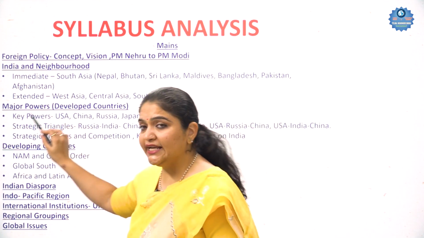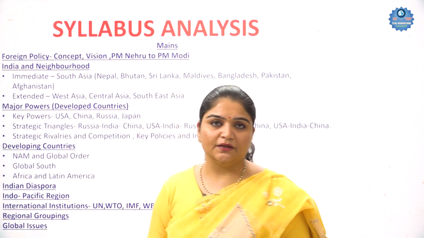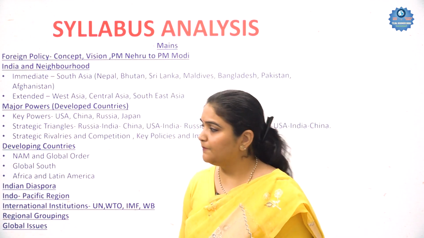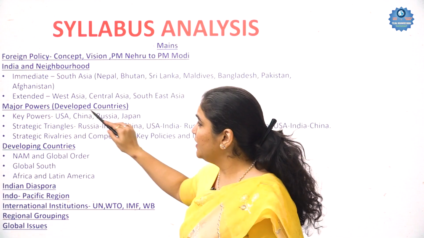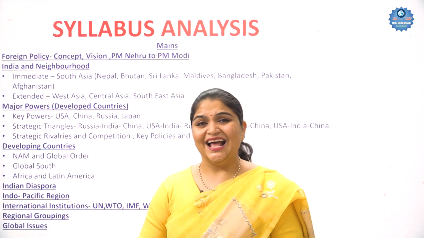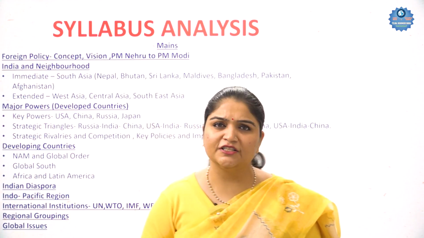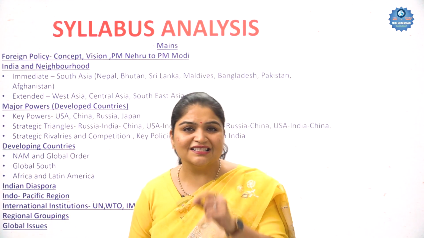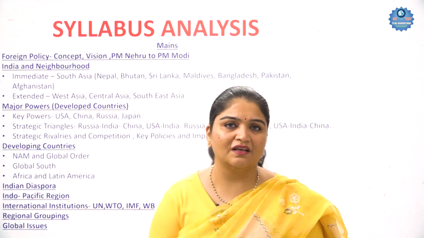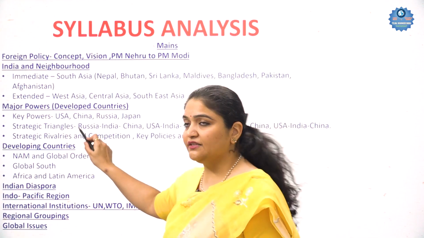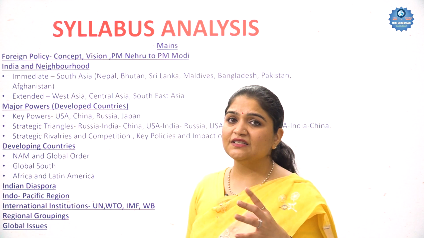Now, then the next part that we study is the major powers, which means the developed countries here, which means who are these? US, China, Russia and Japan. But as I have deconstructed the questions that have come with respect to developed countries and major powers, I have realized there are certain formats in which questions are asked. And they are the strategic triangles, which means what are these?